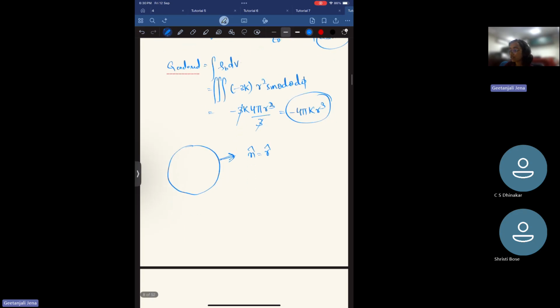But when you have two spheres where the inner one is a point and doesn't have any volume, let's say it's a metal or it is surrounded by a dielectric, we have two surfaces. For the outer surface it is radially outward, but for the inner surface, the normal vector is in the minus r cap direction.